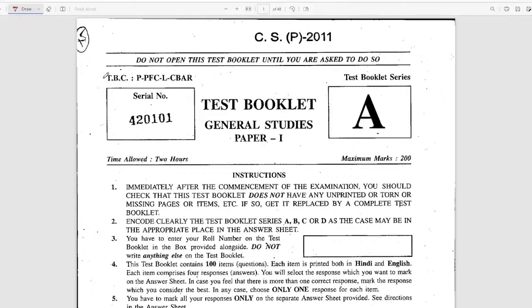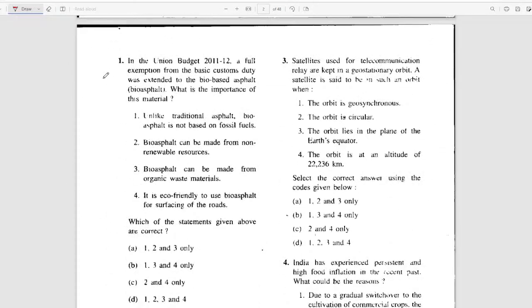So this is the 2011 paper. The first question is: in the union budget, a full exemption from the basic customs duty was extended to bio-based asphalt. What is the importance of this material? The first thing you have to notice is the union budget. Even this year's union budget is important, and any new initiative or new steps that the government has taken, you have to go through that.